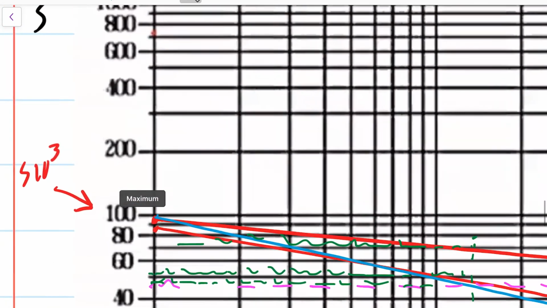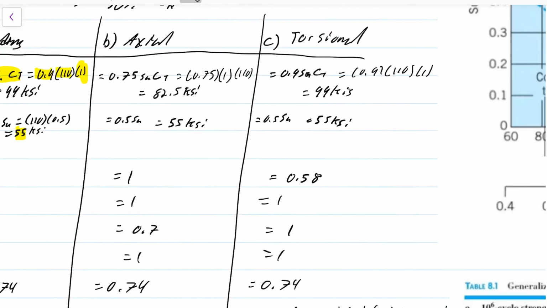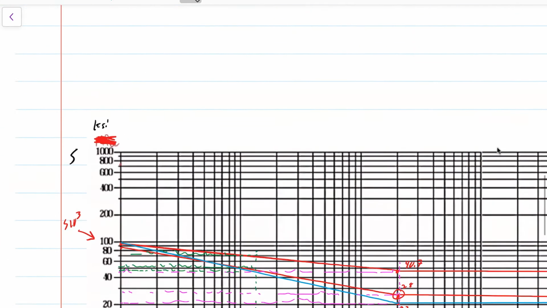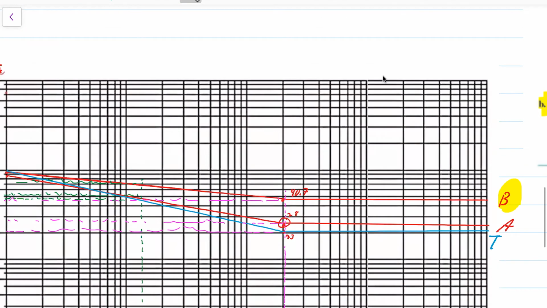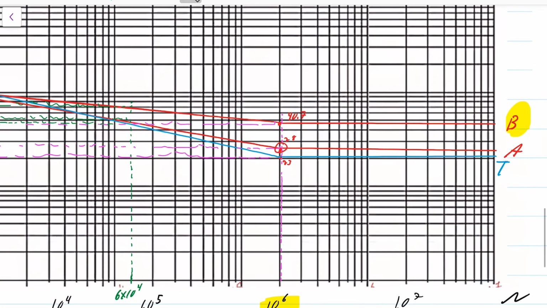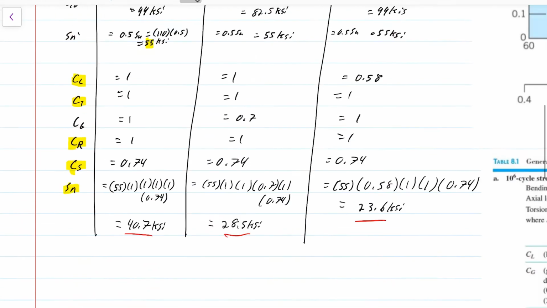For our final one, it's the torsion. For the S10 to the 3 value, we know it's 99 again, like the first one. Over here it is 23, so we go up to 23 and draw the line in again. That's how we have our SN graph lines.